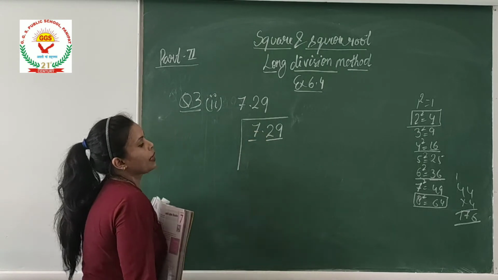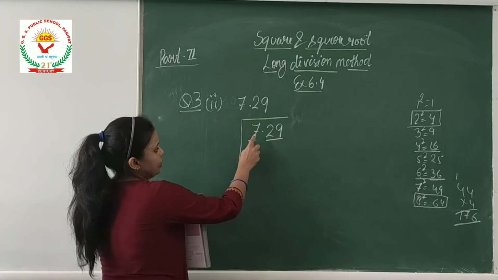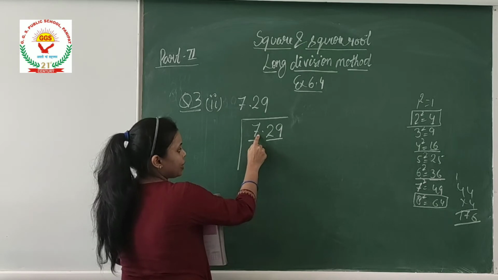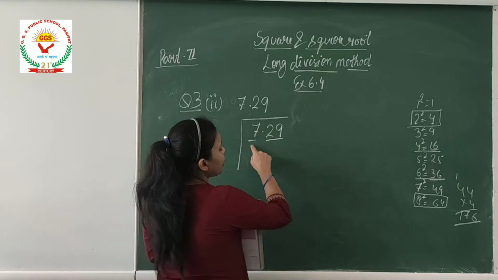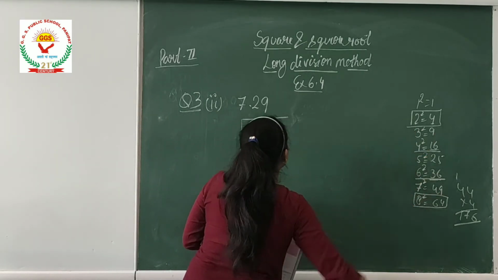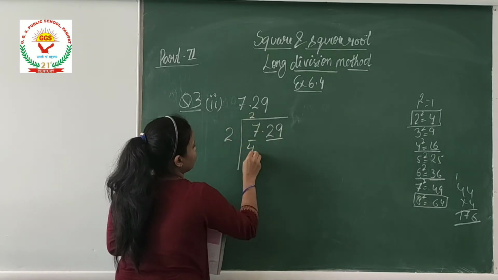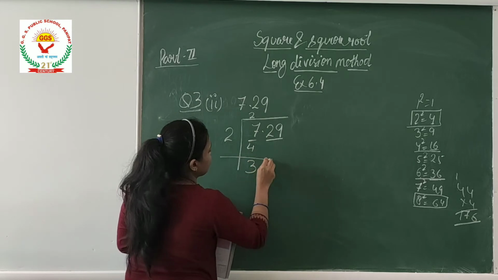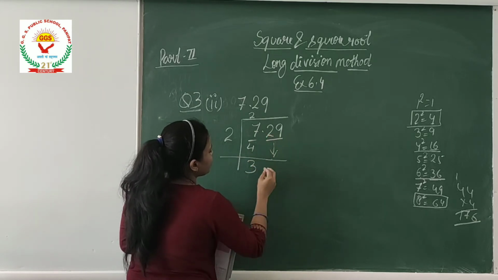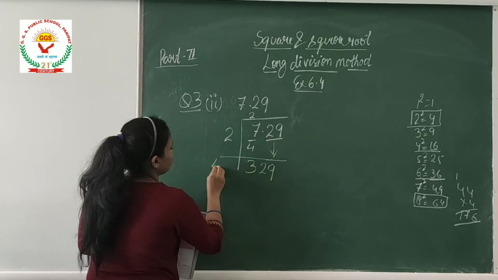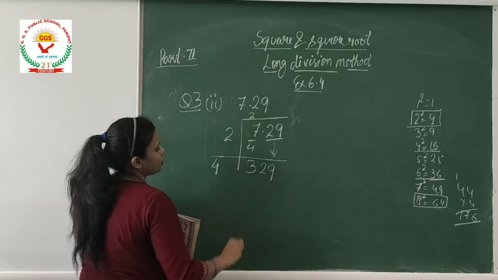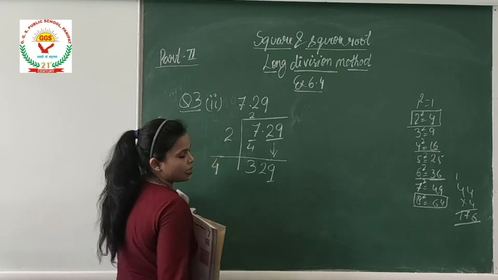We need to find a number whose square is less than or equal to 7. Alright, so we have 2 here, 2 here, 4. We get 3. We will carry forward 29. 2 plus 2 is 4. Now we have 9 as the unit place.